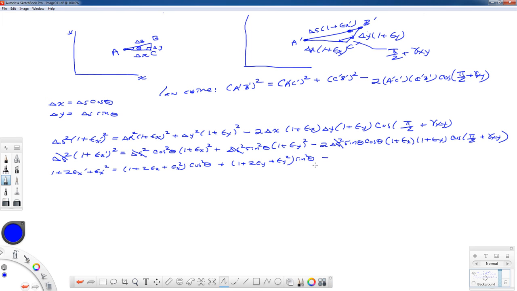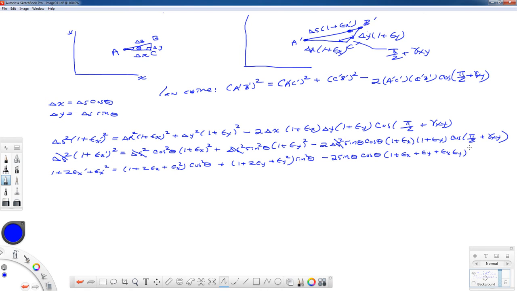And then we have minus 2 sine theta cosine theta, and expanding this term out, we have 1 plus epsilon x plus epsilon y plus epsilon x epsilon y.